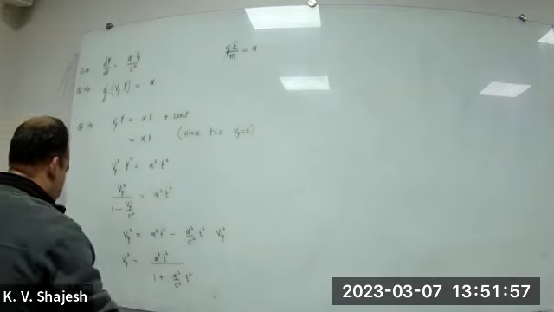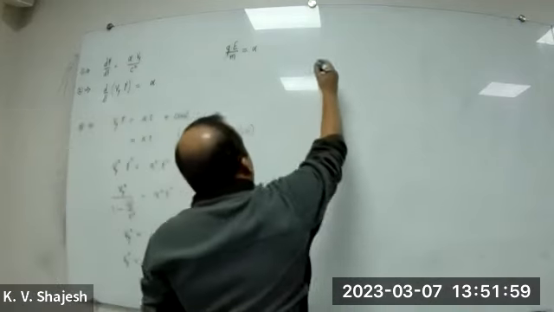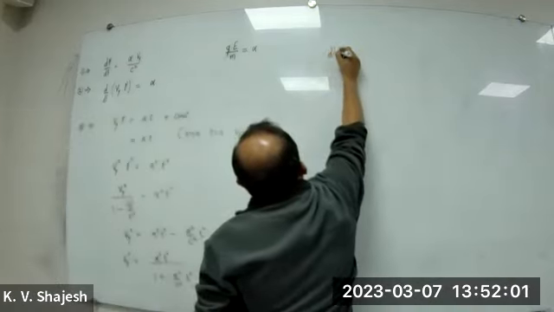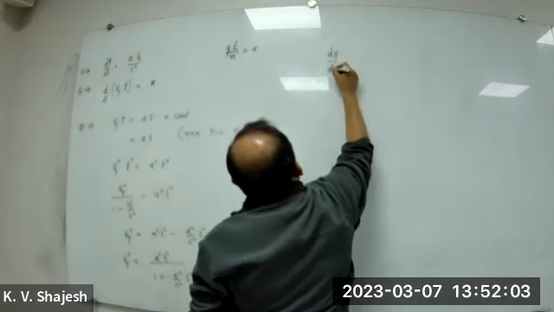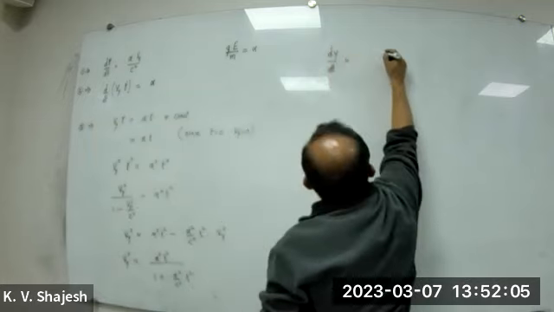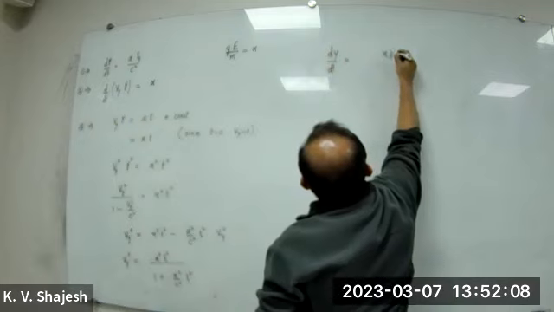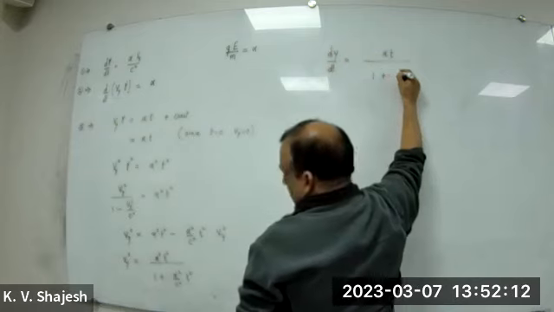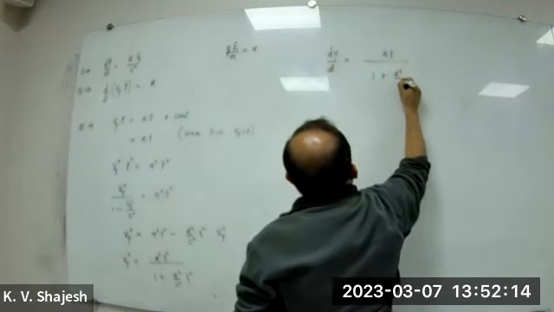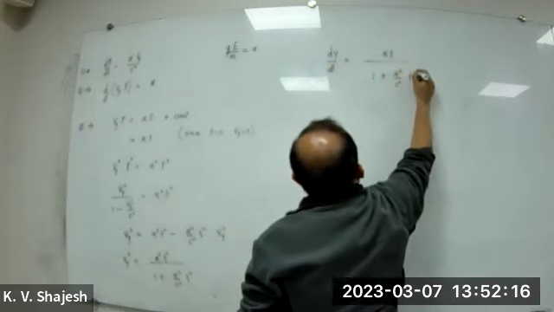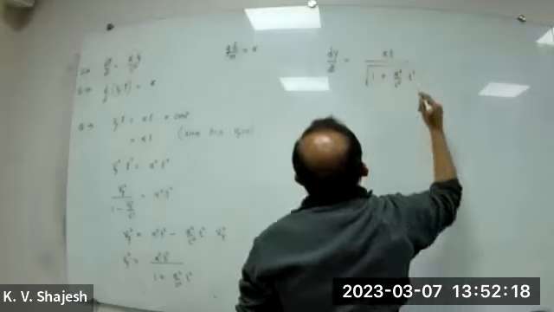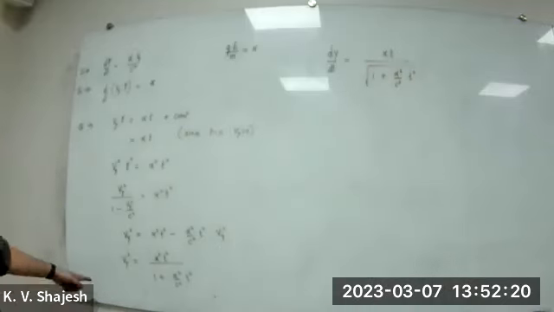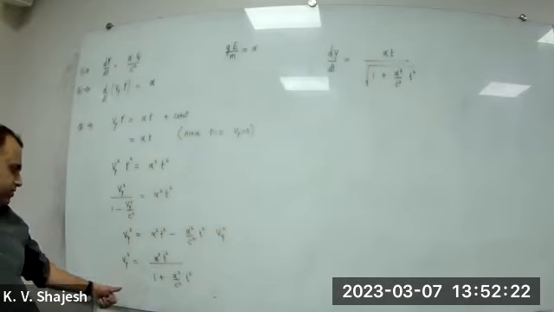And take a square root, and what you get is dy by dt is equal to alpha times t divided by the square root of 1 plus alpha square over c square times t square. Take a square root on both sides.